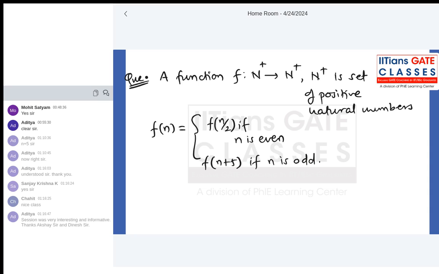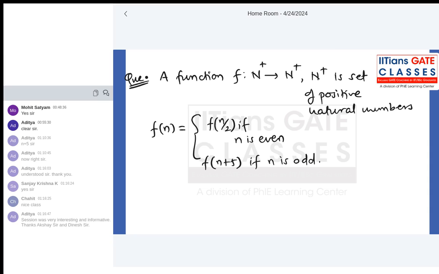So the f of n doesn't have a single definition in this case. Depending on the n value, whether it is odd or even, it takes two forms. So that is the trick in this problem.